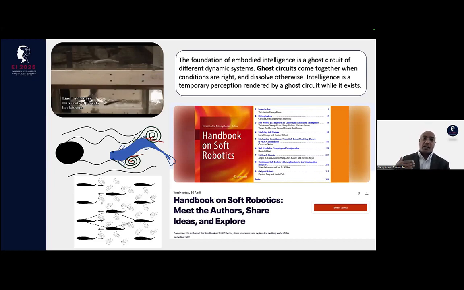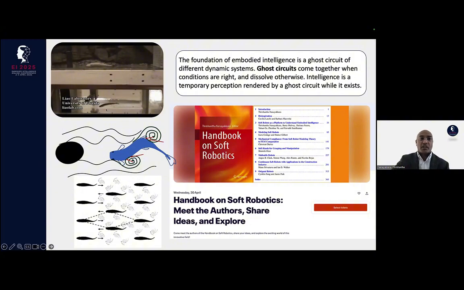So I think at least the foundation of embodied intelligence is in this kind of system of systems coming together in the environment as Gauss circuits. I call it a Gauss circuit because they are not fixed, they are not hardwired. They just come together when the conditions are right and then dissolve otherwise.